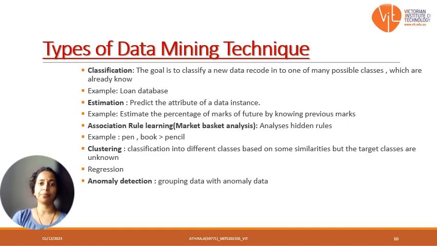Then there are some techniques. There are types of techniques used in data mining. That means we get some data, and with that data we evaluate with some techniques, and we classify or estimate the future value. The first one is classification. In classification, we are grouping the values.